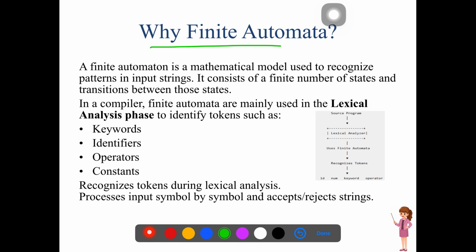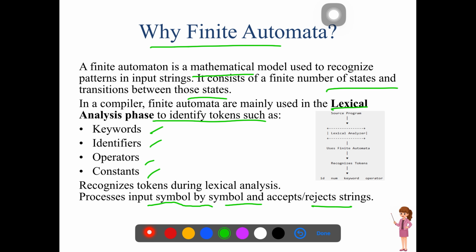Why finite automata? Finite automata is a mathematical model used to recognize the pattern in input string. It consists of a finite number of states and transition between those states. In a compiler, the finite automata are mainly used in the lexical analysis phase to identify the tokens such as keyword, identifier, constant, operators, and also processes the input symbol by symbol and accepts or rejects the string.